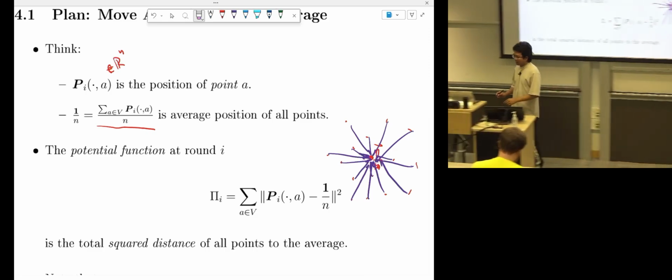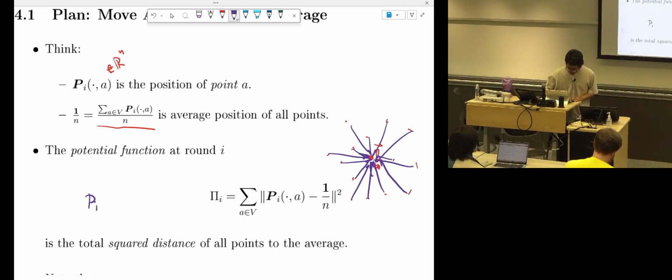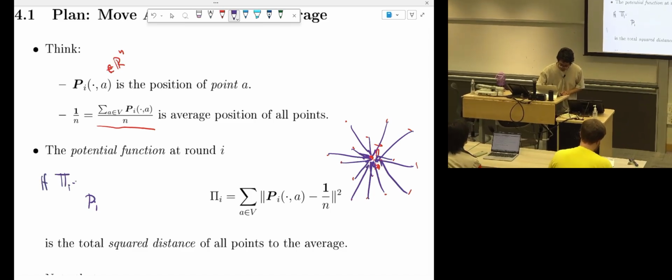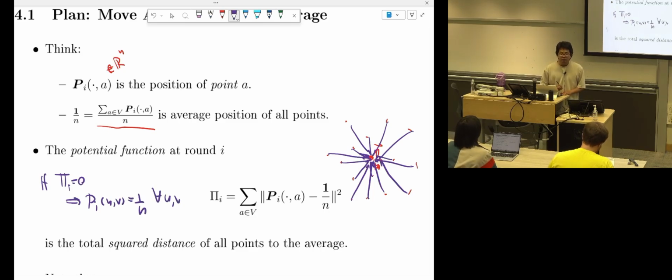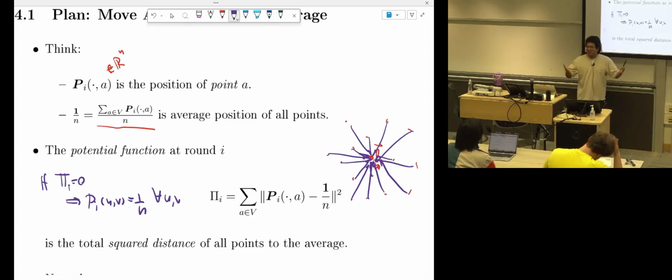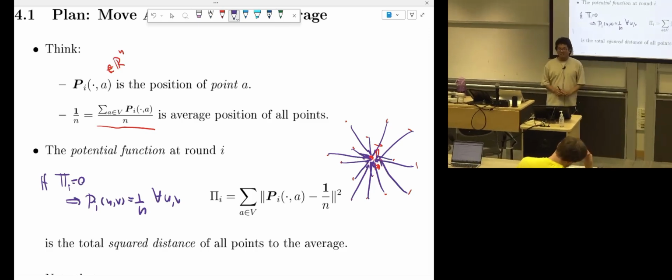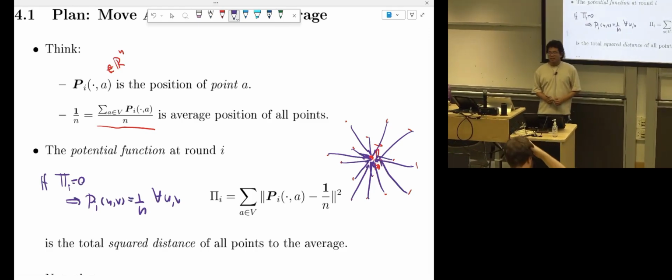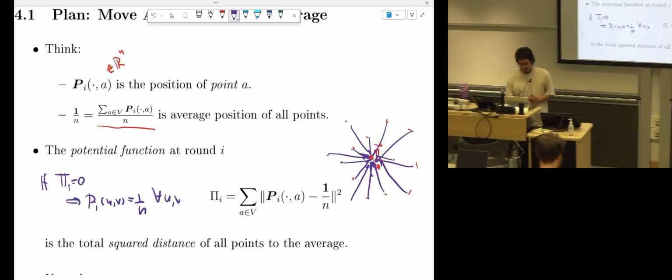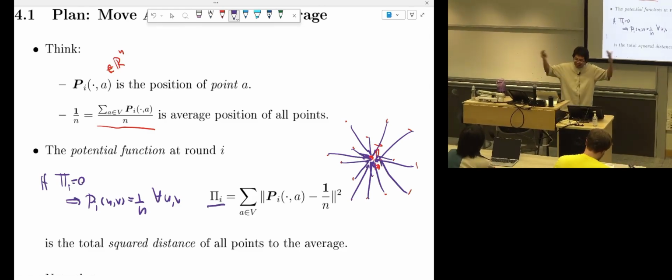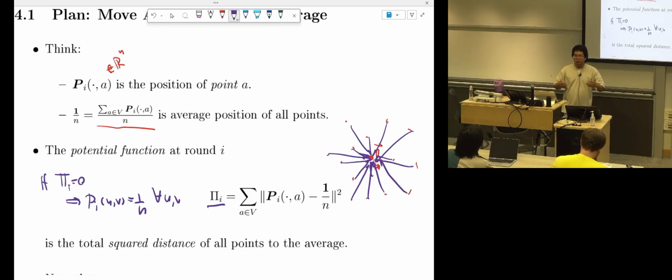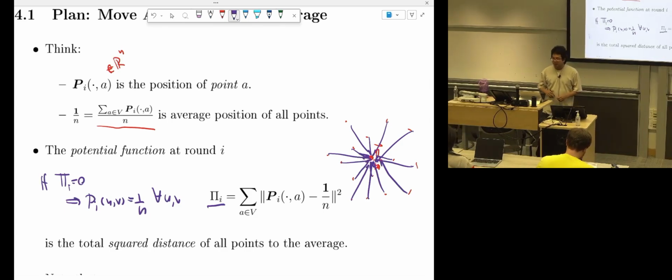So it means that this thing is just 1 over N for all U and V, which just means that PI is a product demand. And we are done. So that's why we want to reduce the potential as much as possible. When this is small, then we are done.